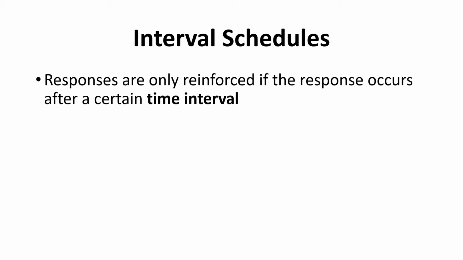That means that if the rat presses the lever after this time interval has passed, then they will be reinforced. However, if they don't press that lever, the food reward is not automatically delivered. There still needs to be some kind of response. It's just that we're waiting for the first response after a particular amount of time has passed.